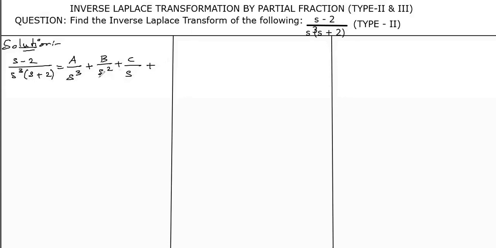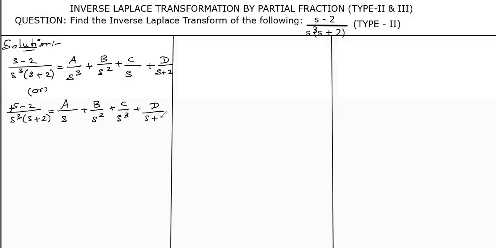Plus, for s plus 2, I'm going to take the constant as d over s plus 2. You can also split it as a over s plus b over s square plus c over s cube plus d over s plus 2. It's your wish, you can split like this. So I'm taking this format.